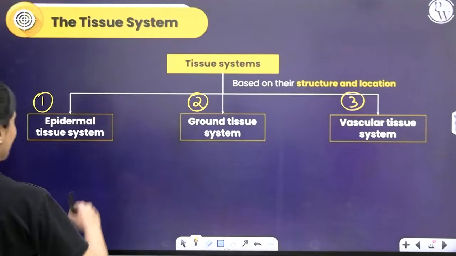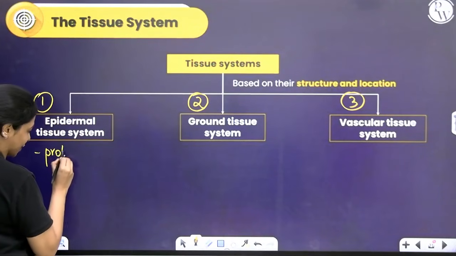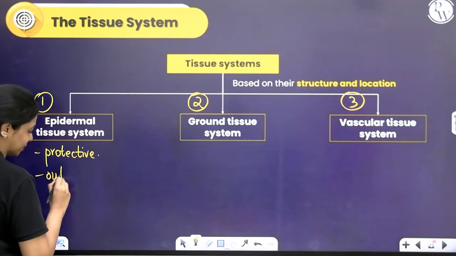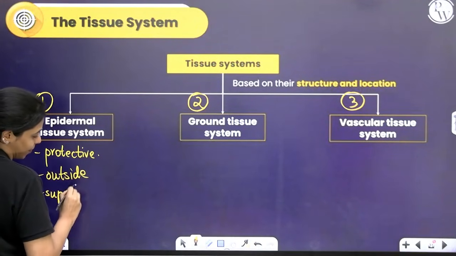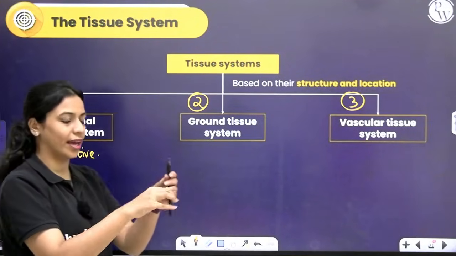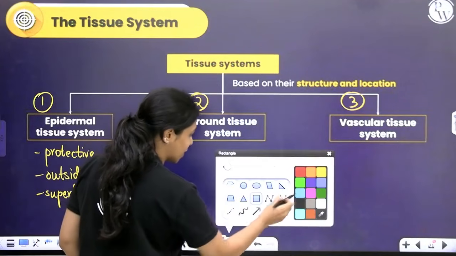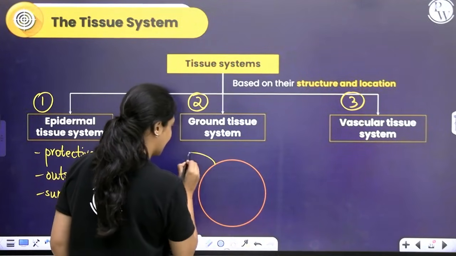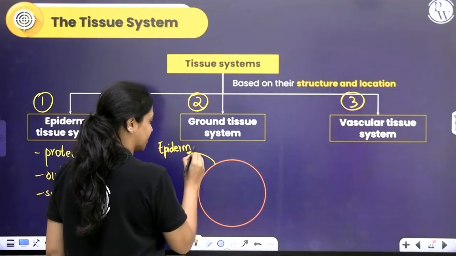Likewise, even our epidermal tissue system in plants is primarily protective in function. Okay, so this lies on the outside. This is a superficial layer. If you consider this to be like a stem or a root, and you take an extremely thin slice of it and look at it under the microscope, you can see that the epidermal tissue lies outside. This is the epidermal tissue system.